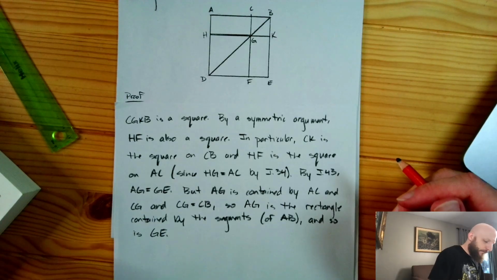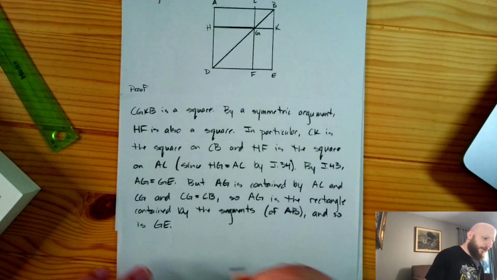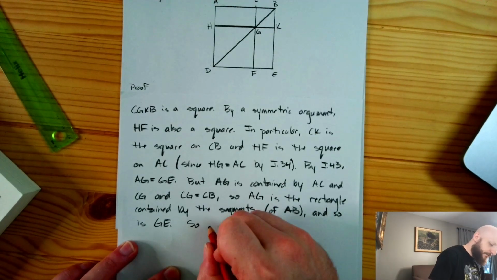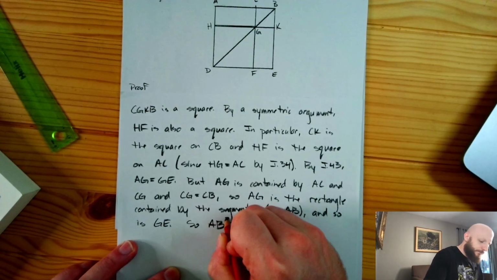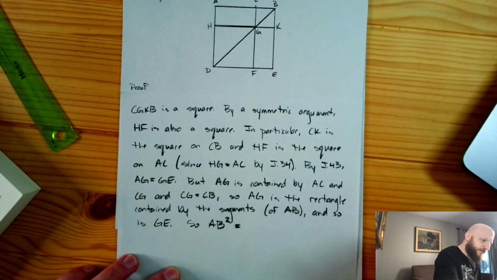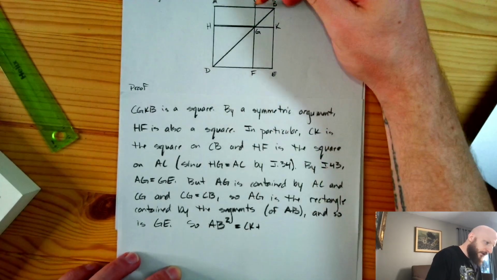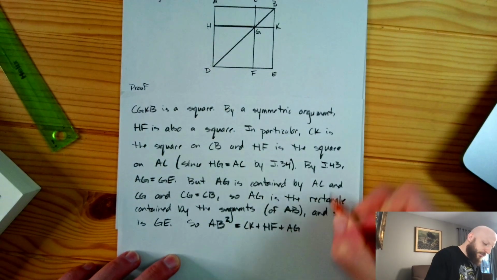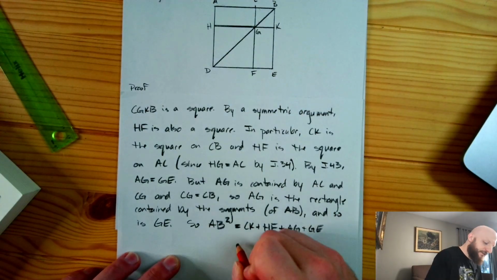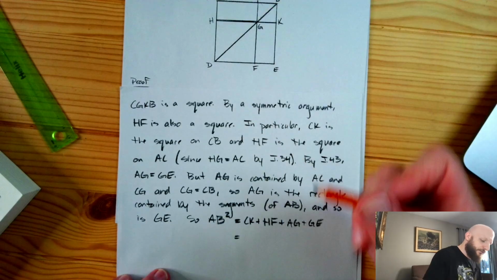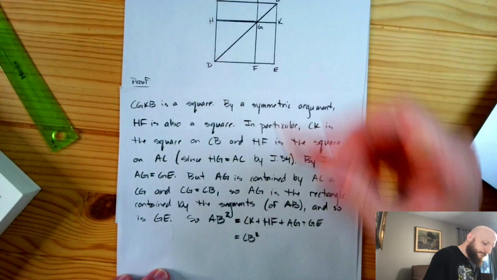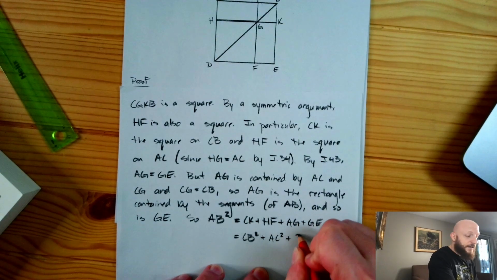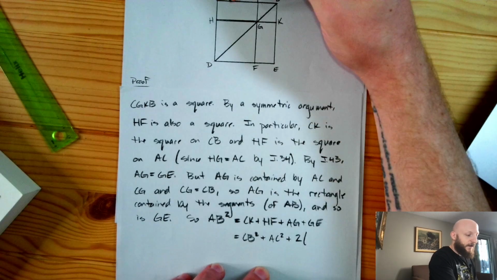Yeah. So just to round this out, maybe the way I might write it is that AB squared is equal to the square CK plus the square HF plus the rectangle AG and the rectangle GE, which is equal to, well, CK is the square on CB, HF is equal to the square on AC, plus 2, and then we just stated AG and GE are both the rectangles of AC by CB.